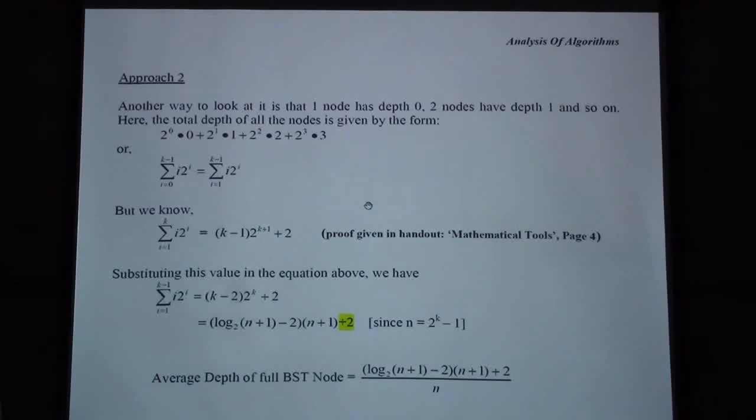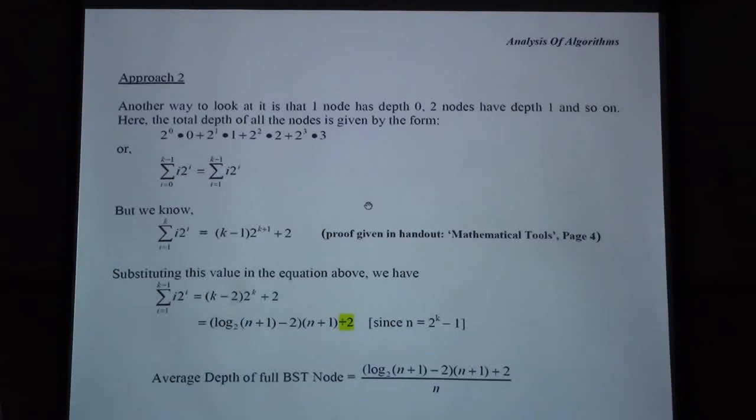Let's say I have a tree, and the tree has a height of 35. So I can compute the average depth of a node, perhaps, based upon some formula. Why is that important? Because the average depth has to do with searching.